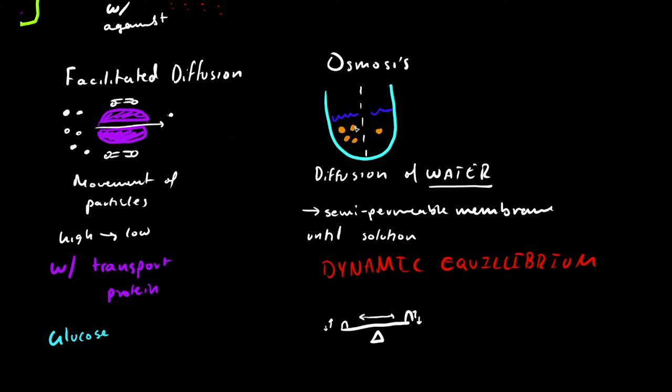So the problem with this is that there is a low concentration of water on this side in comparison with the right side. So what will happen is that water would actually go through the semi-permeable membrane to get onto the left side, which essentially creates a solution that looks more like this.